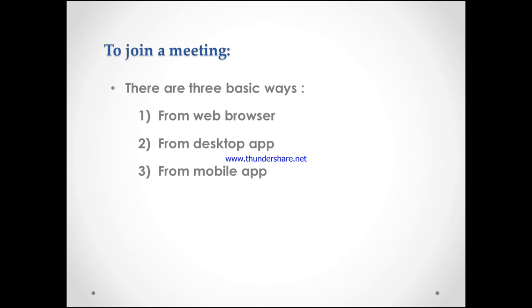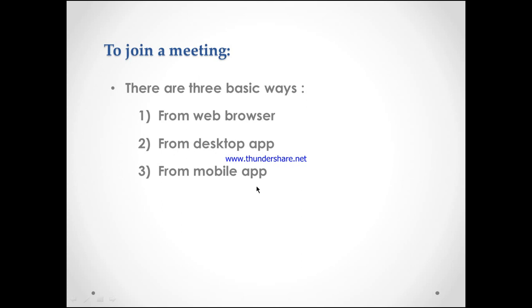Next, how can we join the meeting? To join the meeting, there are three basic ways: from the web browser, from the desktop app and from the mobile app. As we have already mentioned, to join a meeting, someone has to host the meeting.